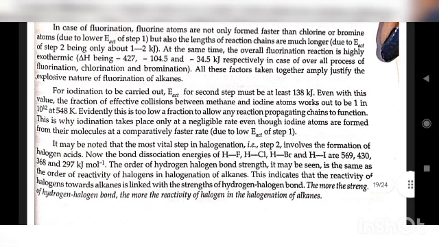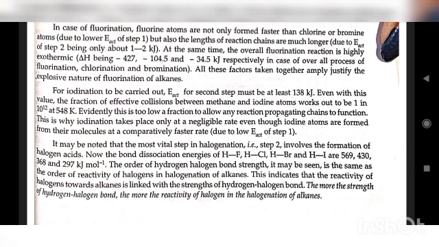In case of fluorination, fluorine atoms are not only formed faster than the chlorine or bromine atoms due to lower E activation of step 1, but also the lengths of reaction chains are much longer due to E activation of step 2 being only about 1 to 2 kJ.